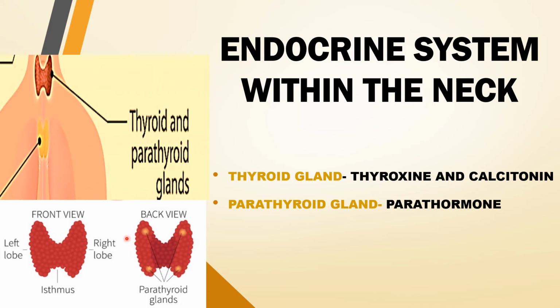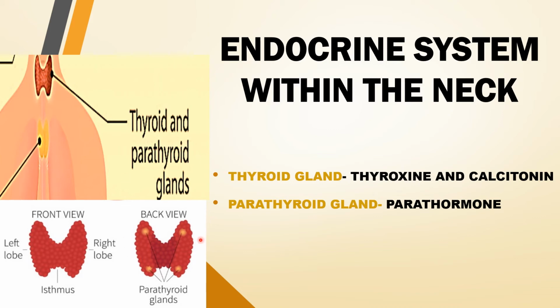The function of this gland is to secrete the parathormone. It balances the calcium and phosphate level in blood. The excessive secretion of this hormone causes osteoporosis, and the insufficient secretion of this hormone causes hypocalcemic tetany. It results in cramps.